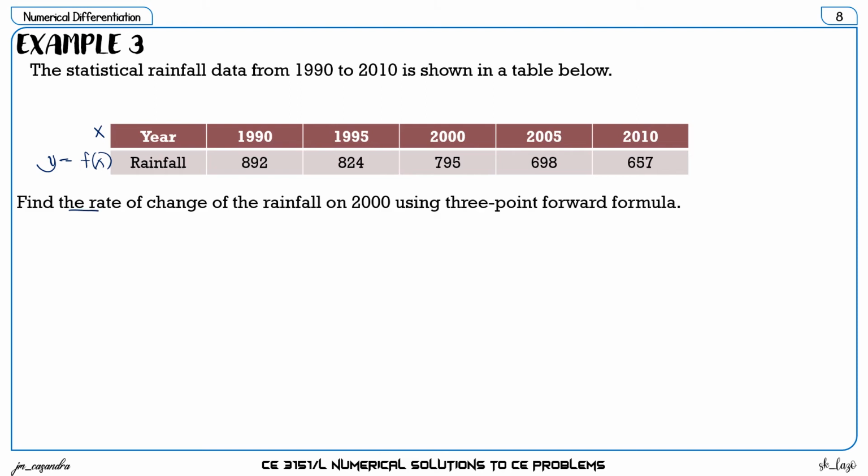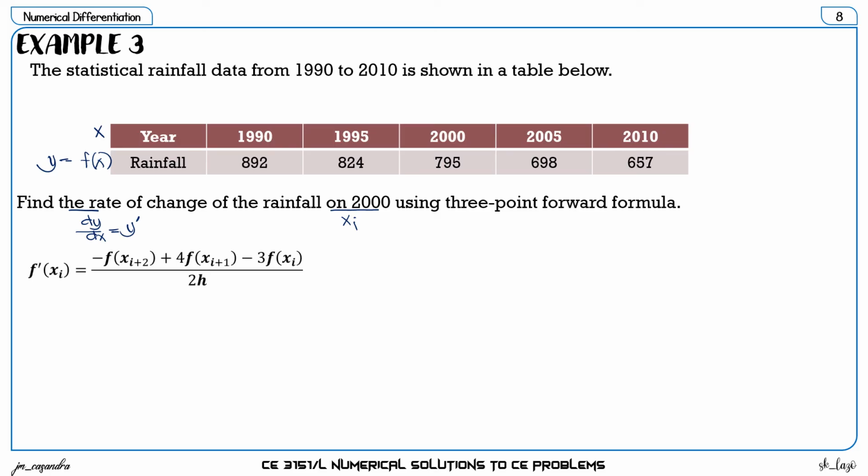Again, rate of change is your slope, or dy over dx, or this is our y prime. For the year 2000, 2000 is your xi. And here, we are going to use the 3-point forward formula, which is given by this equation.